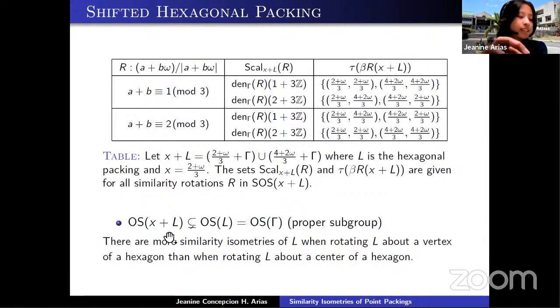This is a surprising result since the hexagonal packing has more symmetries about the center of a hexagon than about a vertex of a hexagon.